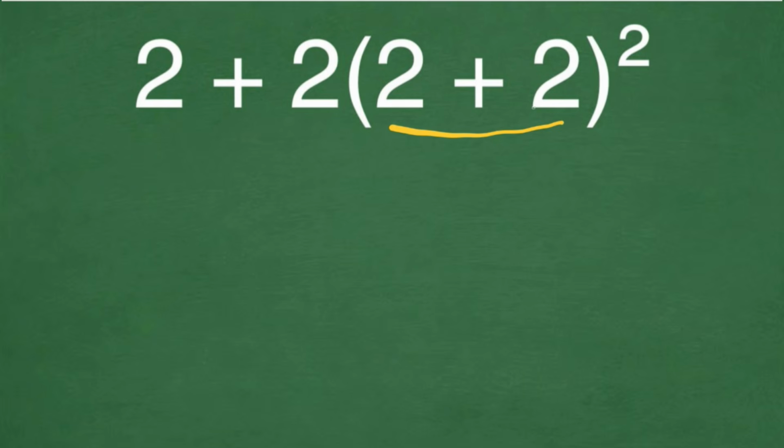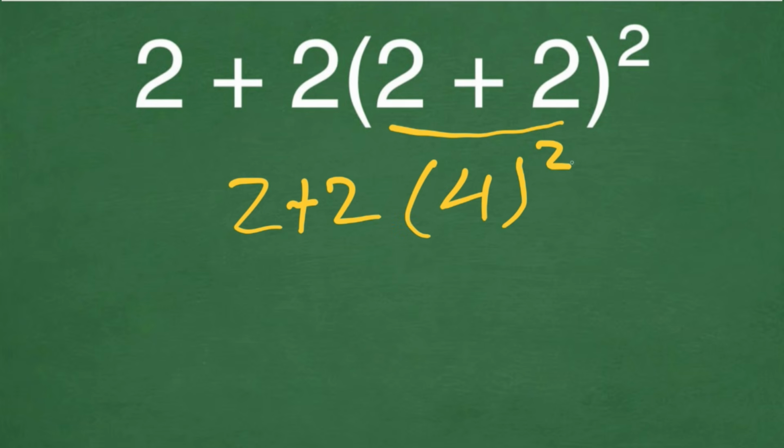So inside the parentheses, after the group, there is a square, which means we squared the whole group, right? So keep that in mind. So 2 plus 2 inside the parentheses becomes 4, and the problem becomes 2 plus 2 parentheses squared.